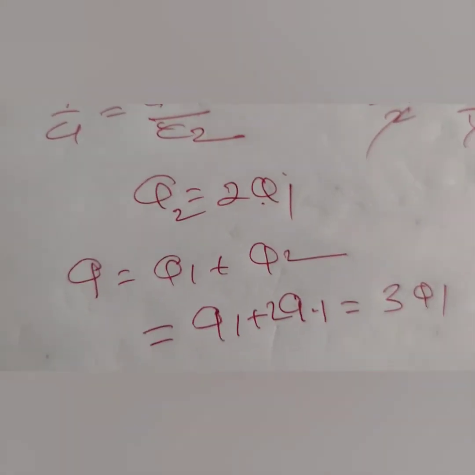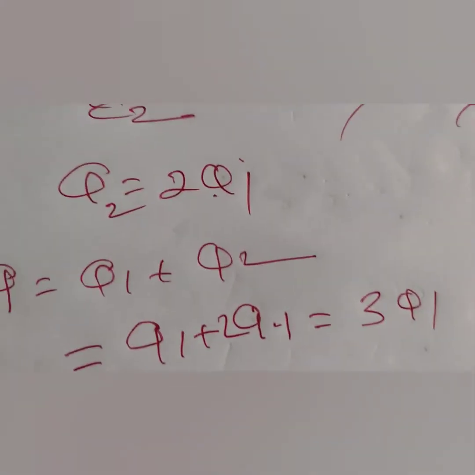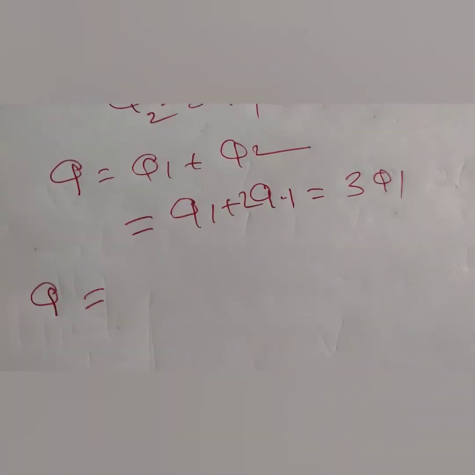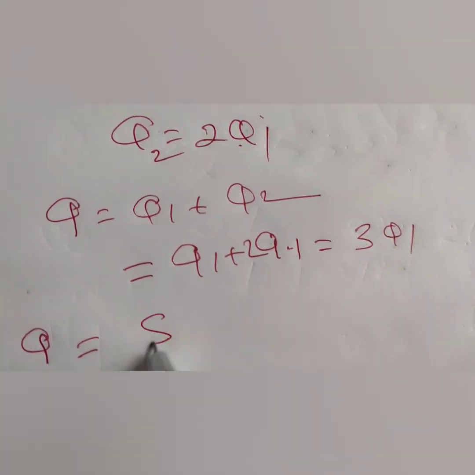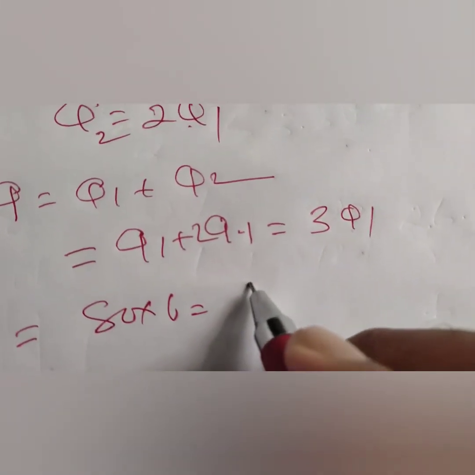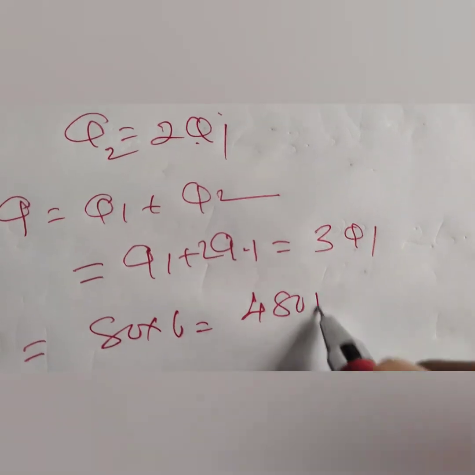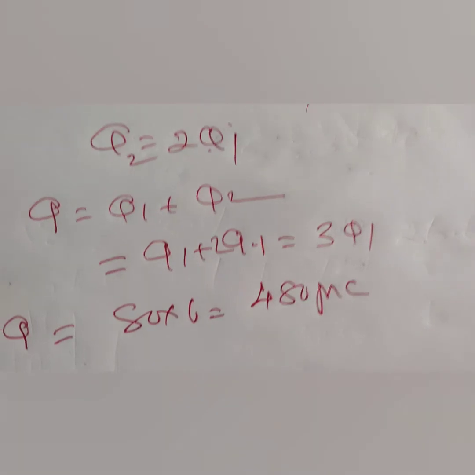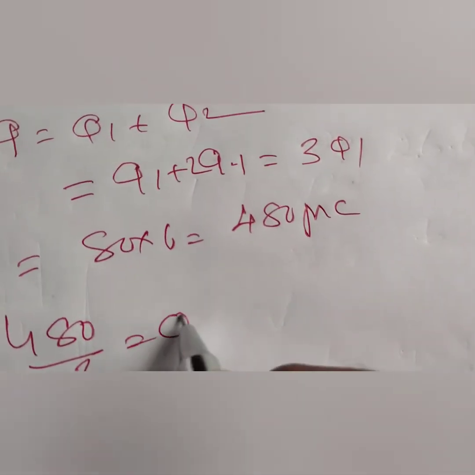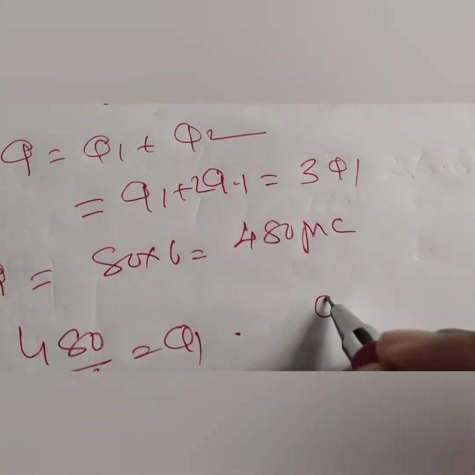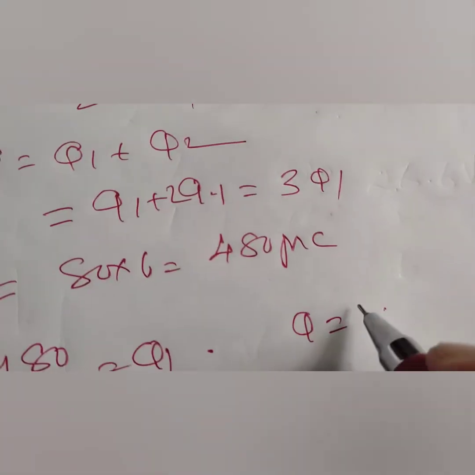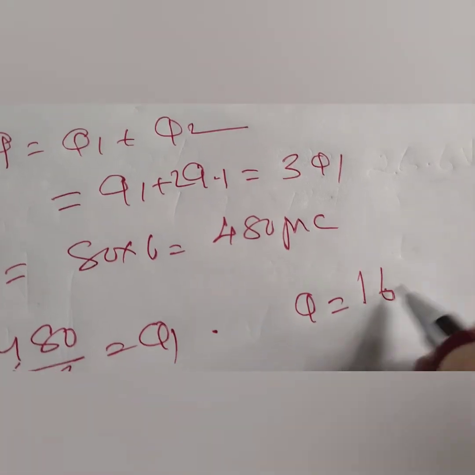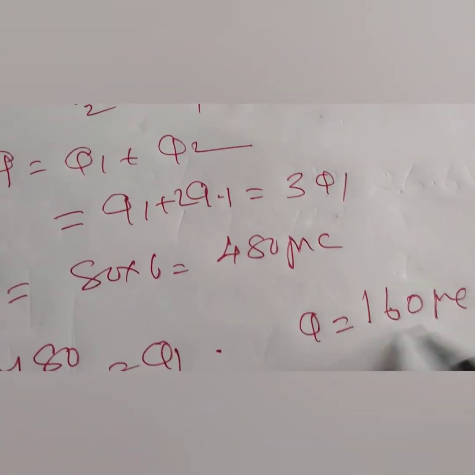The total charge across the capacitors is Q equal to 80 into 6, which is 480 microcoulomb. So 480 divided by 3 gives Q1 equal to 160 microcoulomb.